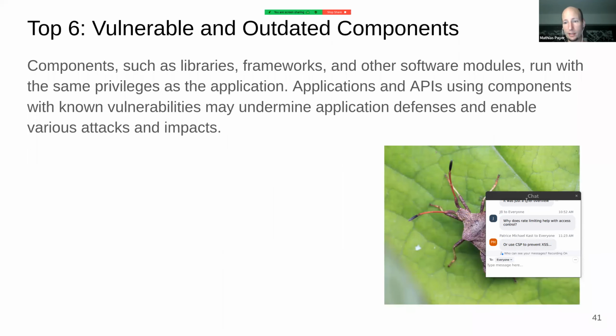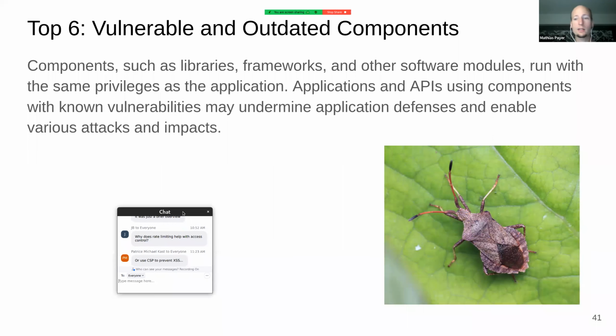Another common threat, number 6 on the list, is vulnerable and outdated components. So using components that have bugs, and oftentimes it's fairly challenging to have all of these different components together, and the software stacks are deep and complex.